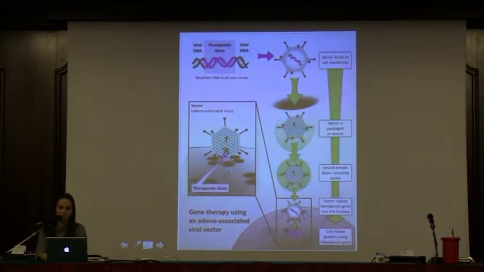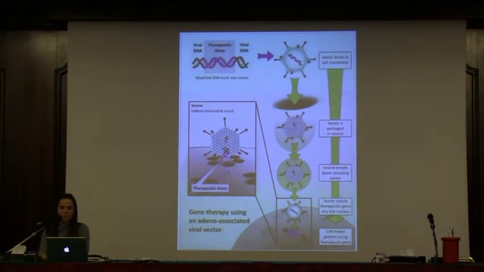And if we have the new coding, the information for the healthy proteins, it is our hypothesis, and it has already been shown in some clinical studies, that these proteins are then produced by the cells, which can restore the function.